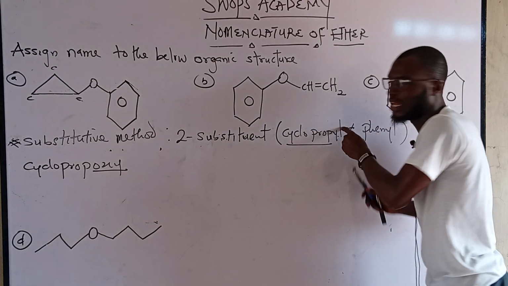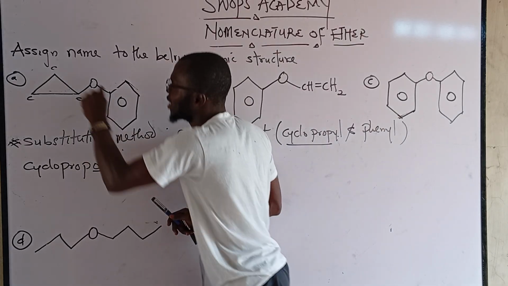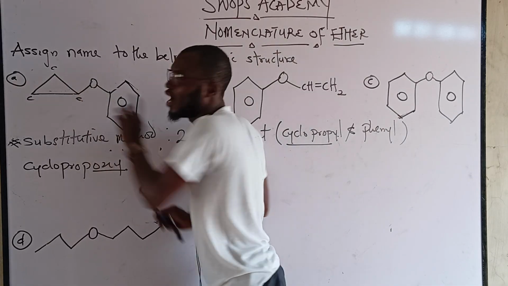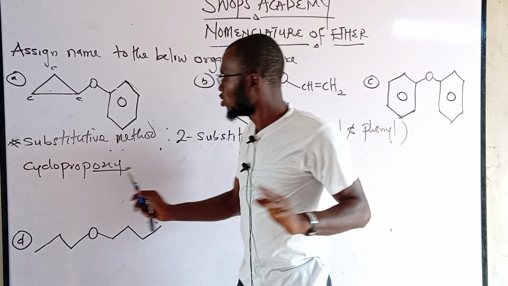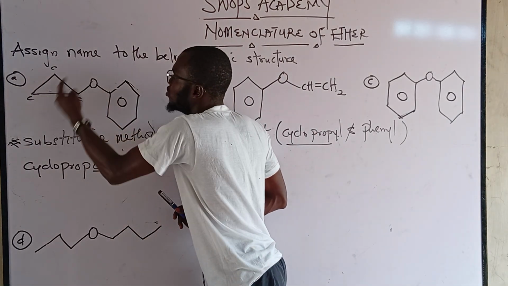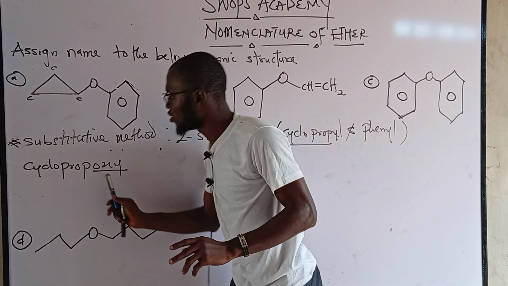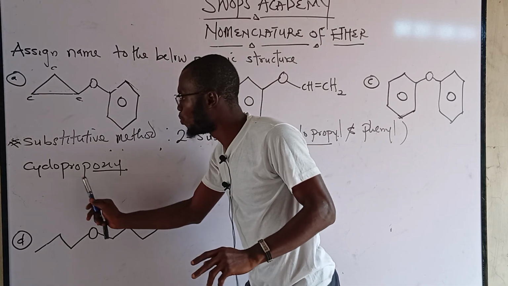You just remove YN from it, then you put OXY, meaning O is at this O. From here to here, I've named that. OXY. So from this structure to this structure, I've named them. This is the cyclopropyl.